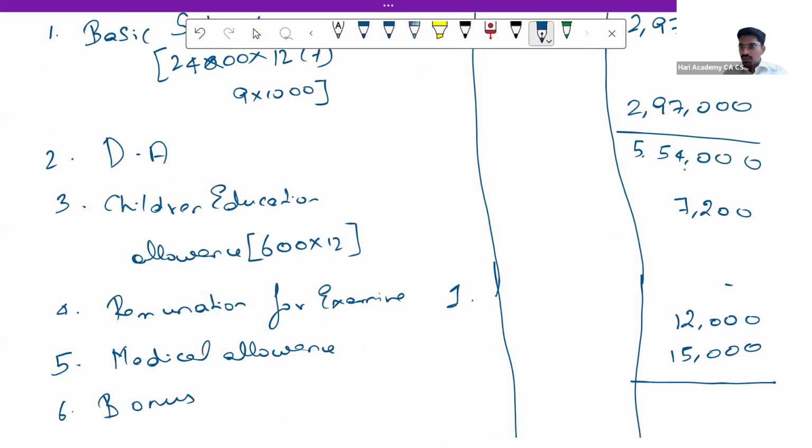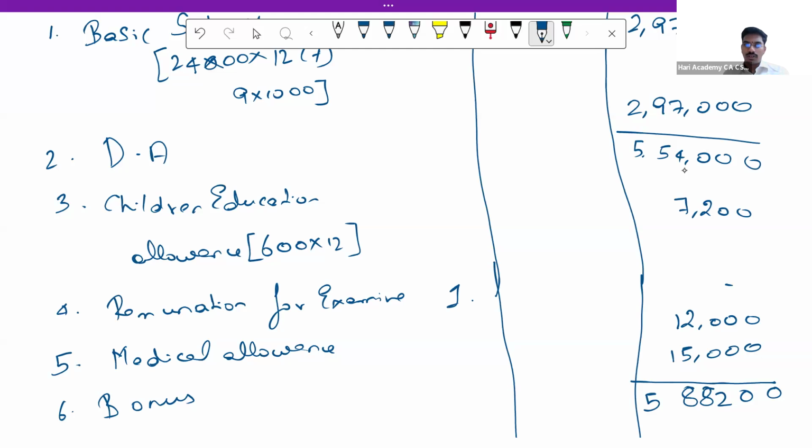Then we add the remaining amounts. 5,82,800. Wait, let me check. Oh, my computation is wrong. Sorry, it is 628,200.